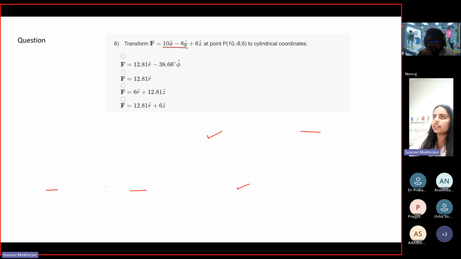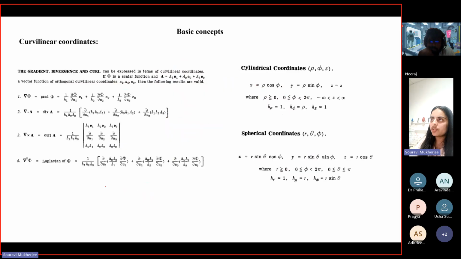Now you can derive all these kinds of relations, right? So if we look at this relation, what is this? In rectangular coordinates, you would have del phi del x x cap, del phi del y y cap, del phi del z z cap.